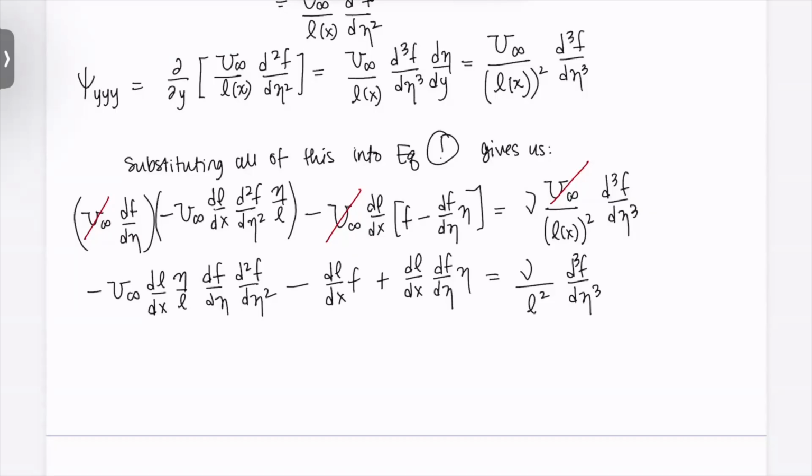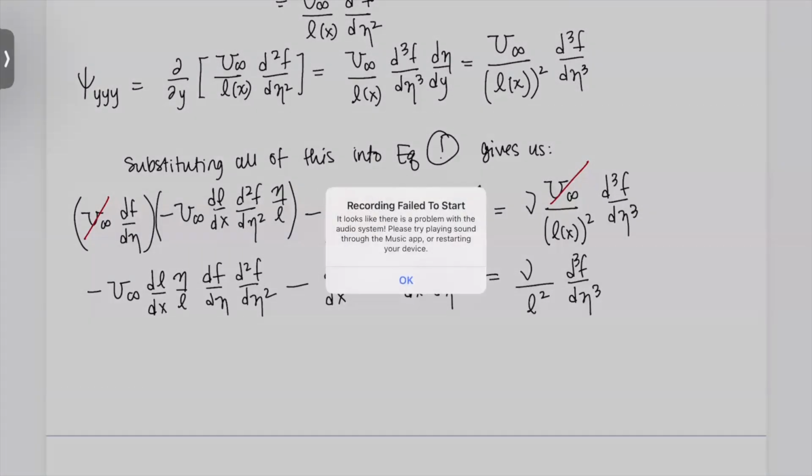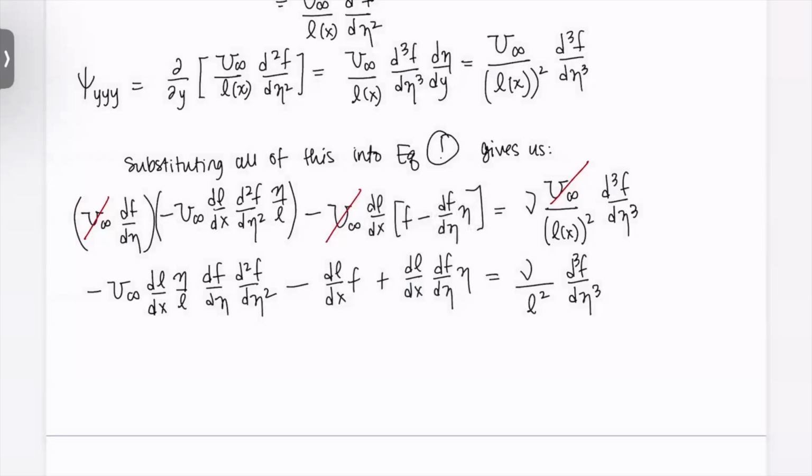What's interesting is it seems, at least based on the notes that I'm working from, that this term does not exist for reasons unknown to me at the moment. I expanded this correctly, right?